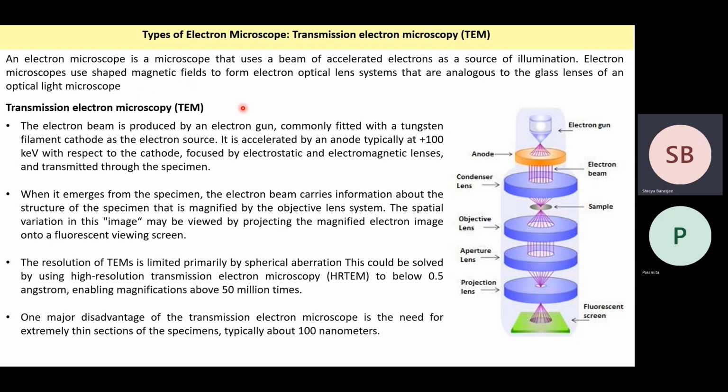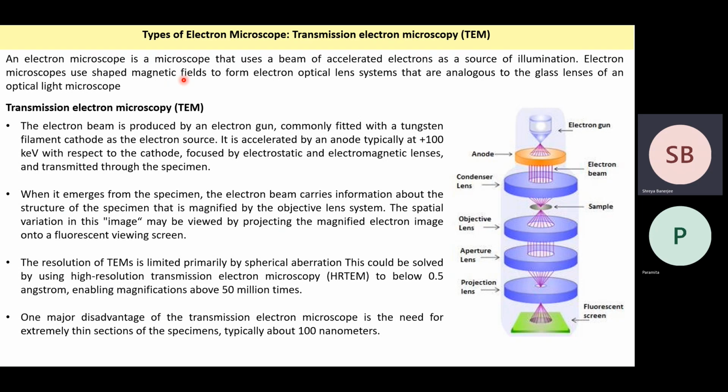So what this means is that where the light microscope was using a beam of light, that is a beam of photons, the electron microscope uses a beam of electrons. And the light microscope uses lenses in order to bend the light rays, whereas the electron microscope uses magnetic fields.